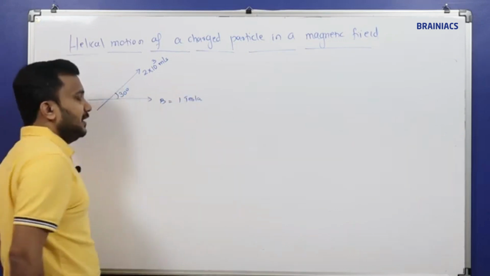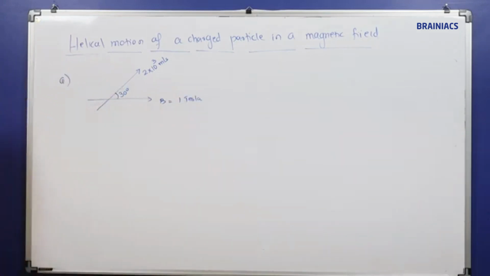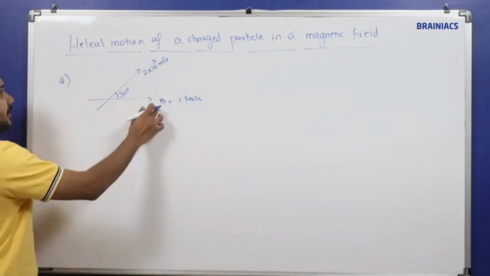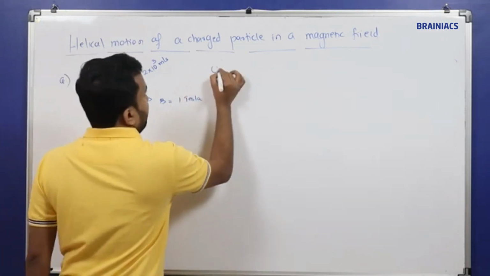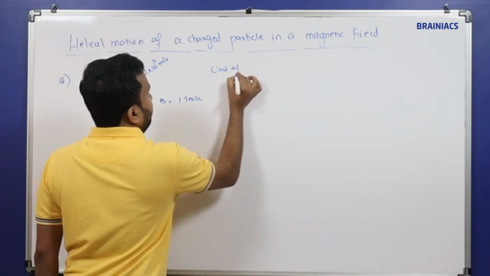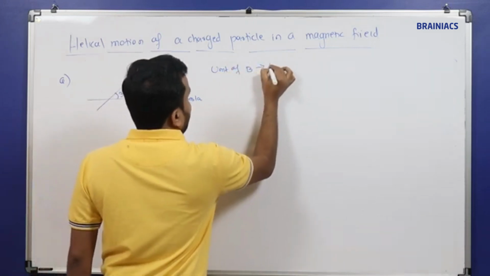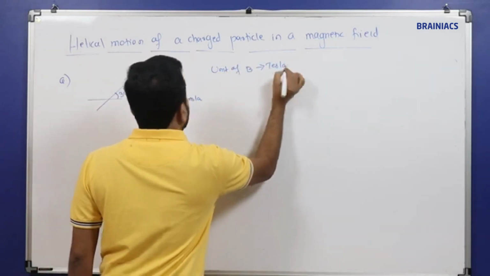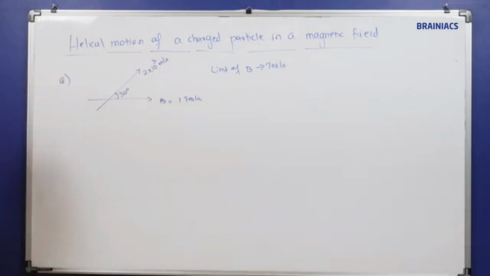So B is equal to 1 Tesla. Tesla is the unit of magnetic field intensity. So you can write the unit of B is called Tesla. If you don't know, write it somewhere. So velocity is given as 2 into 10 power 3.